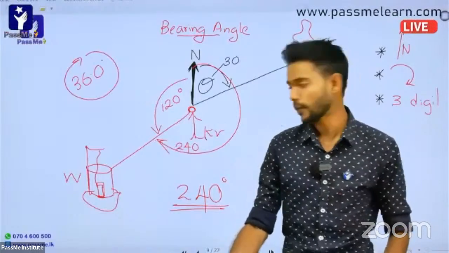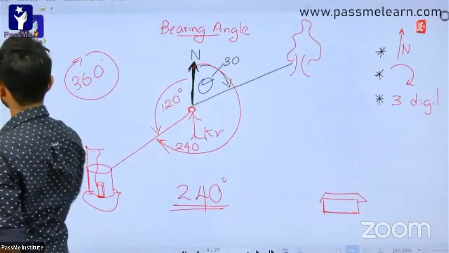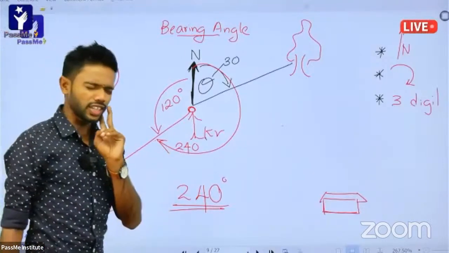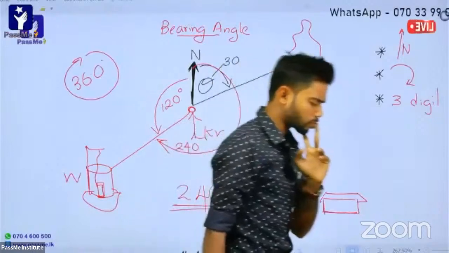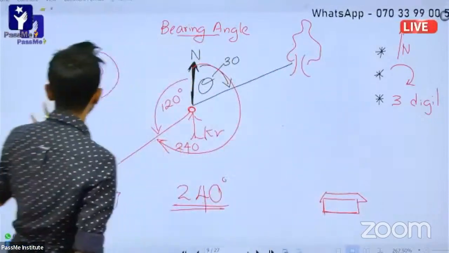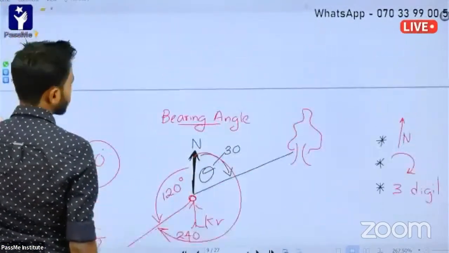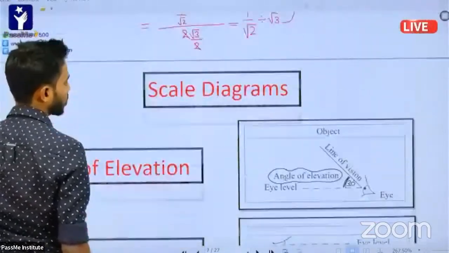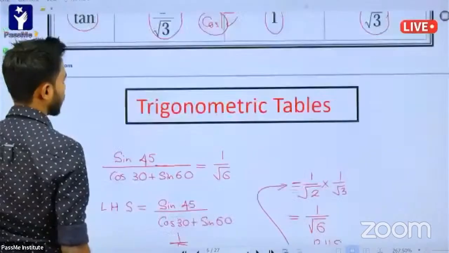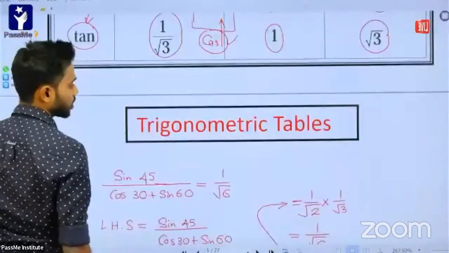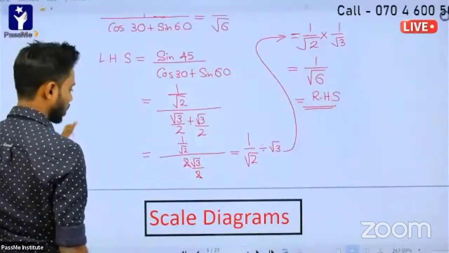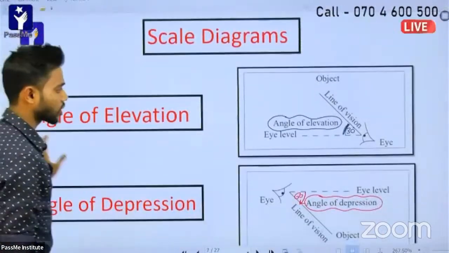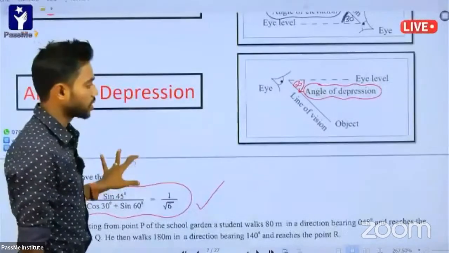Clear. Okay, now I will save this one. There are some questions I need to do today, but I can complete only one question today, because our time is almost 1 hour.